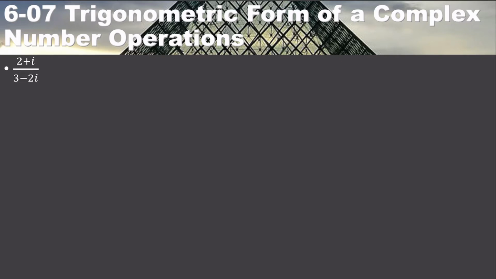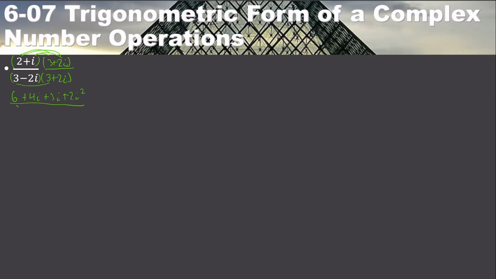Let's try division. Remember, for division, you have to multiply by the conjugate of the denominator. So I'll have 2 times 3 is 6, 2 times 2i, i times 3, i times 2i.